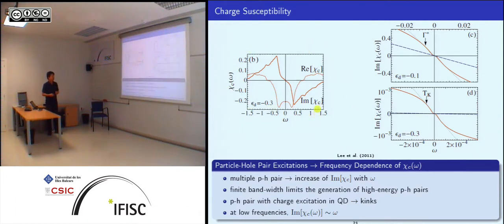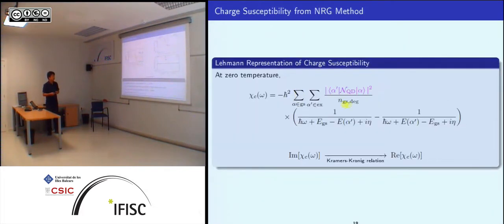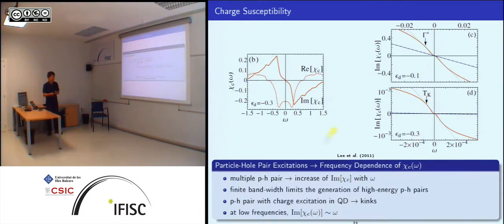So this is a typical graph for the charge susceptibility. First look at the imaginary part. The imaginary part is just proportional to this value. So if you have a larger value for it, then the imaginary part is increased. Actually, at higher frequencies, you have more possibility to have particle-hole pairs. There are many ways to make the particle-hole pair.